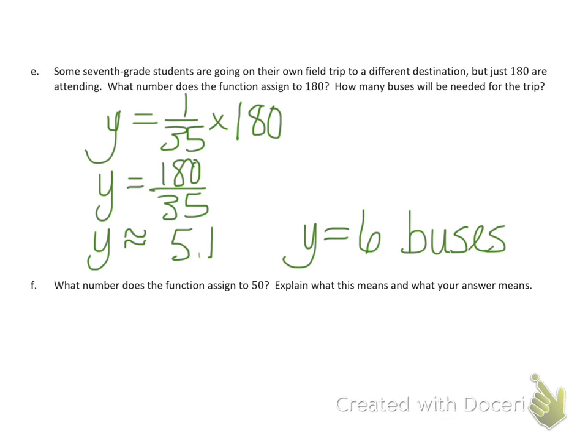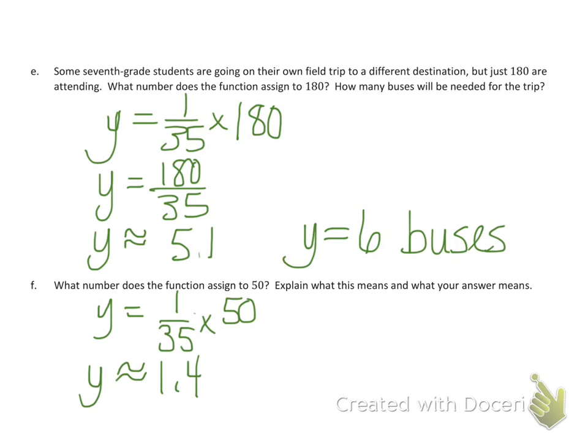And so we have this situation, which is the same as what we've been doing. 1/35 times 50. And so y is approximately 1.4. You probably guess you would need more than 1 bus, but 2 would be more than enough.